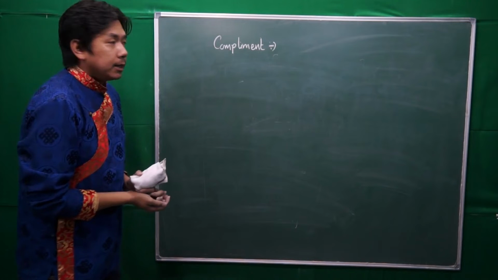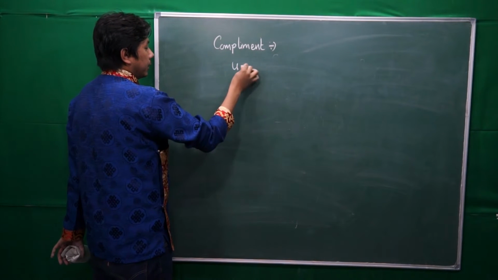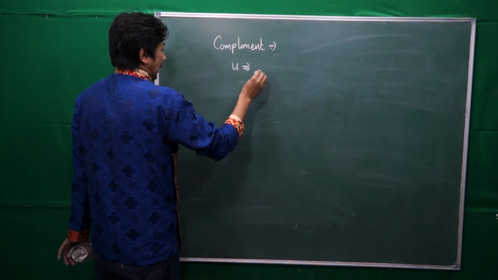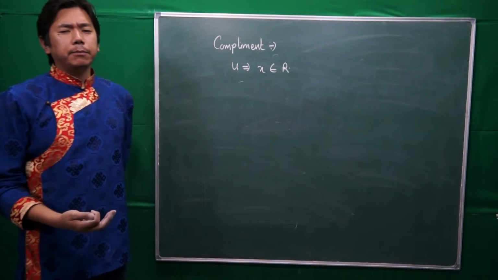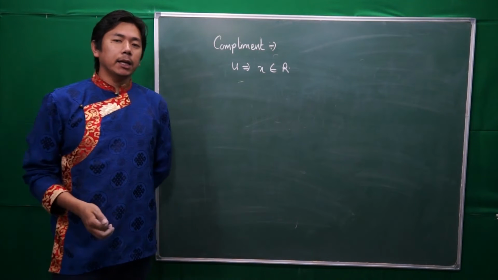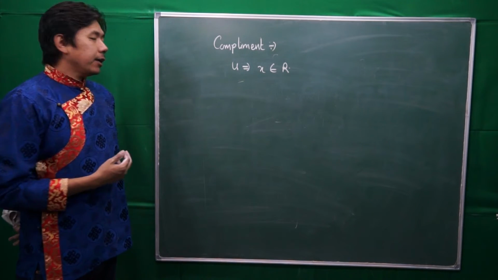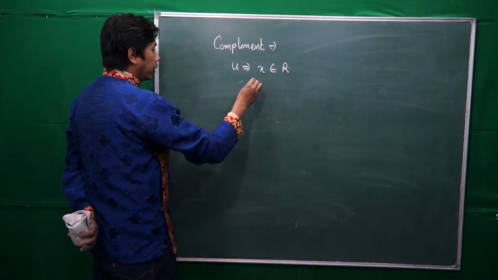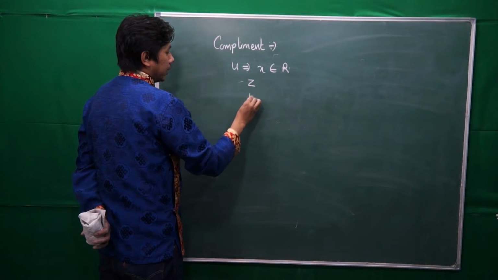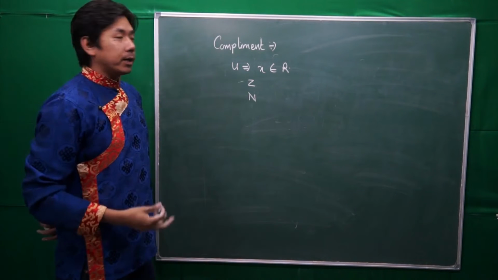Alright. Say universal set U is x belongs to real numbers. All the real numbers are included in the universal set. So let's say a few subsets of the universal set of real numbers. We all know Z, N. By Z, what does Z mean?